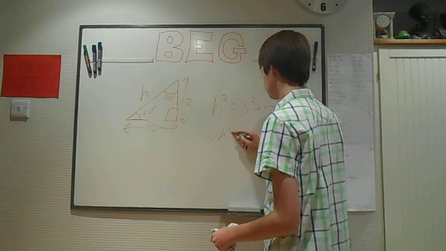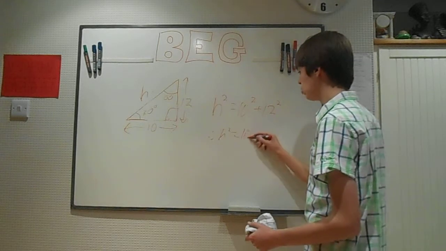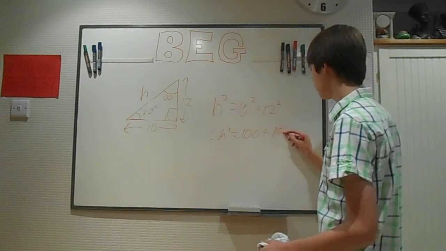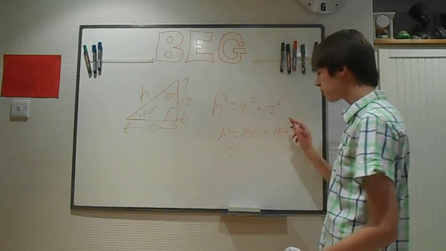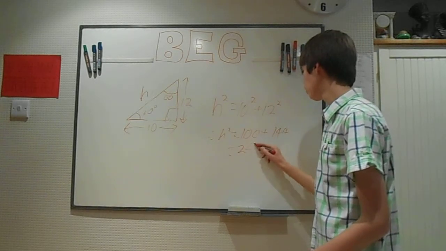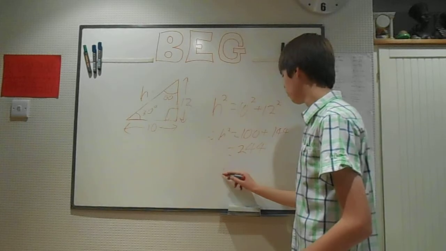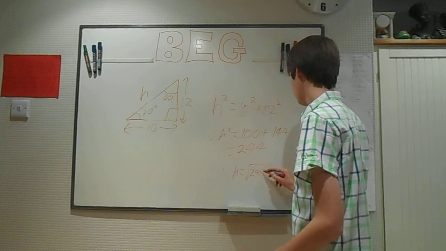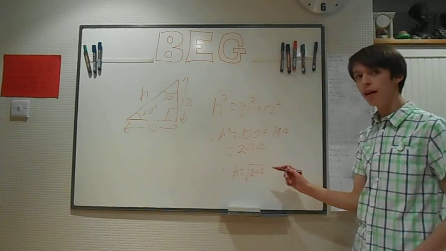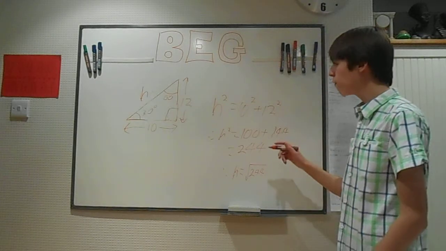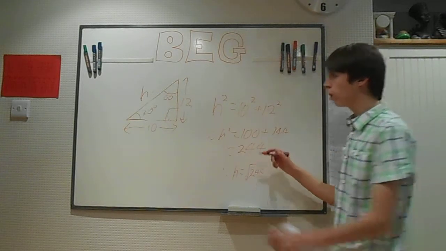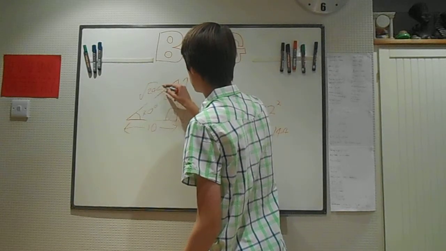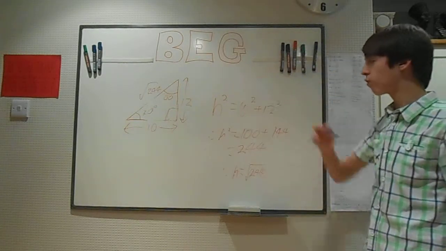Therefore, h squared equals 10 times 10 is 100, and 12 times 12 is 144. 100 plus 144 is 244. Therefore, h equals the square root of 244. We might be able to simplify that, and turn it into a decimal as well, but for now we're just going to leave it like that. So h is the square root of 244, and that is our value for h.